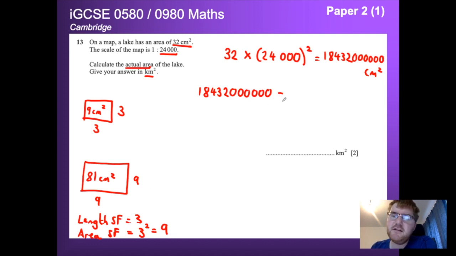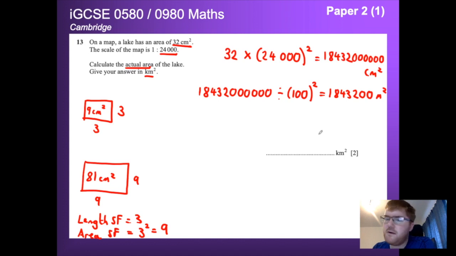There are 100 centimeters in a meter, but we're going to square that because we're working with square units. If we divide, we lose 4 of our zeros, so you can check this on the calculator. We get 18432 and just 2 zeros, and that's in square meters.